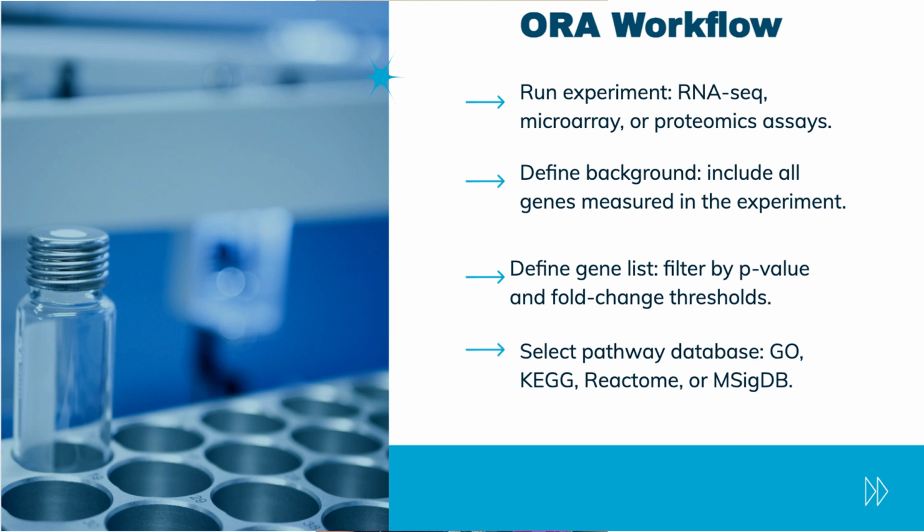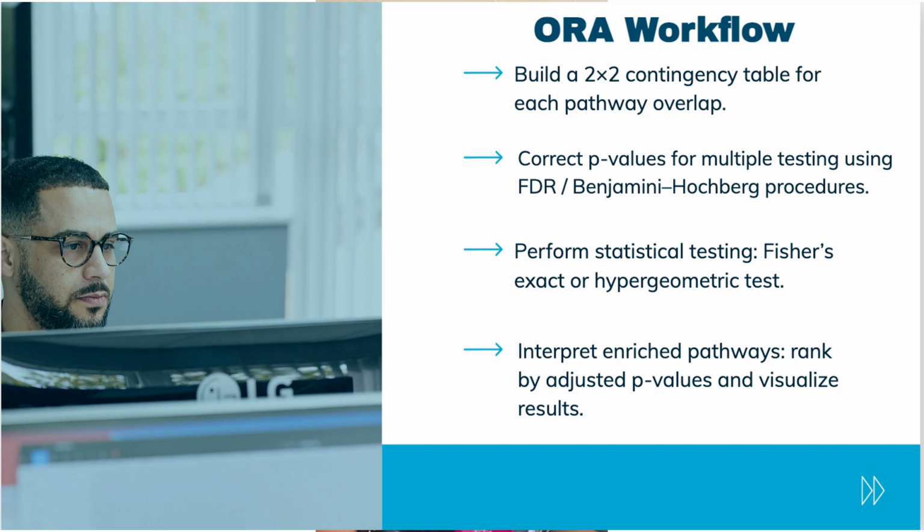we'll decide to use. Now, in doing this ORA, it is expedient that we choose a particular database that we'll be using, which could be KEGG or Gene Ontology, which is the GO, or the Reactome, or any other databases that are available. Continuing with the ORA workflow, we have the building of the 2x2 contingency table for each pathway overlap.